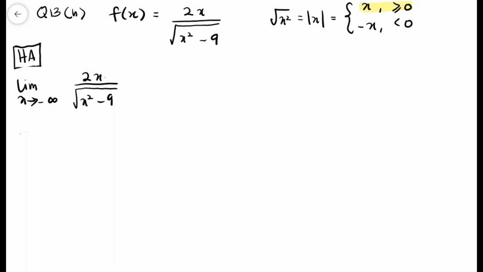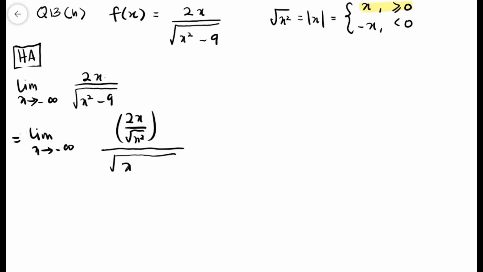Same goes with this one, we'll get the case of infinity over infinity, so we need to divide numerator and denominator by the highest power of the denominator, so we'll divide by sqrt(x square). So 2x divided by sqrt(x square) for the numerator, and the denominator will come out as sqrt(x square minus 9) over sqrt(x square). Again, for the denominator, you won't have any problem with it.